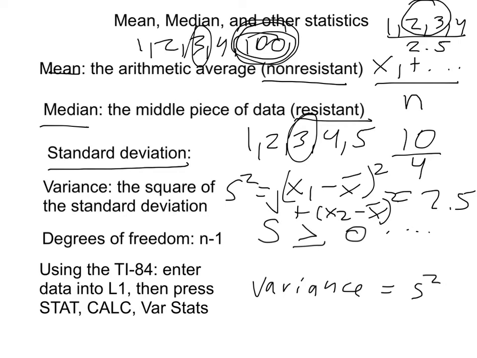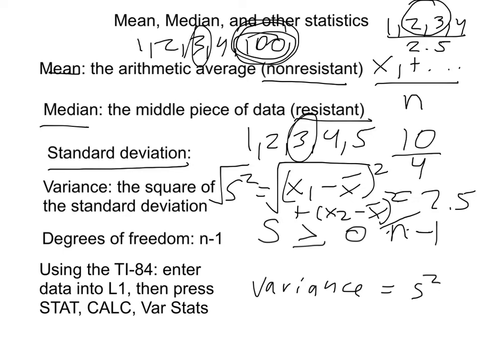Before you take the square root, you're going to divide by n minus 1. So that's your number of observations, and then subtract 1. The variance is standard deviation squared. So if you didn't square root this, you would just have the variance. But to find the standard deviation, you have to square root the sum.